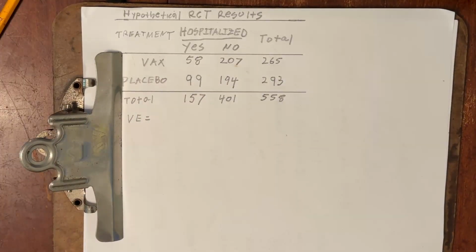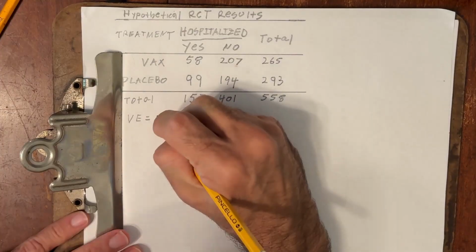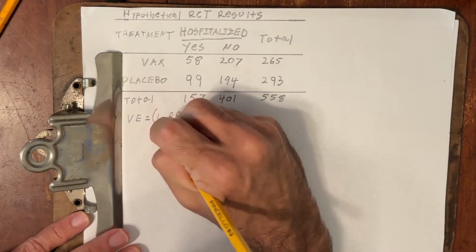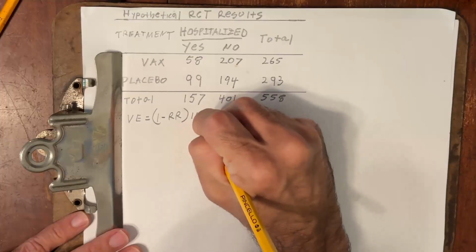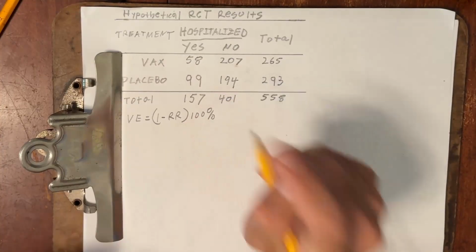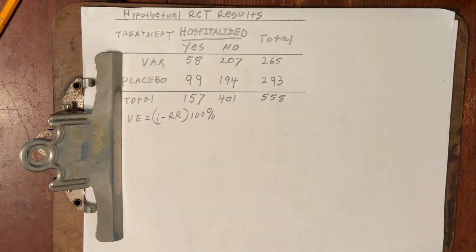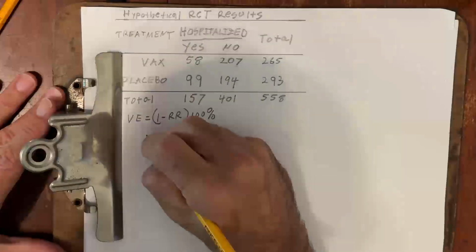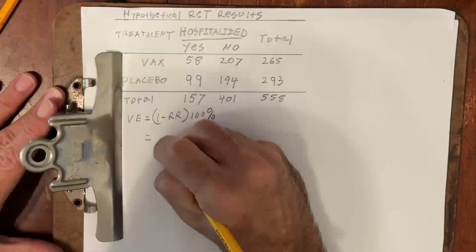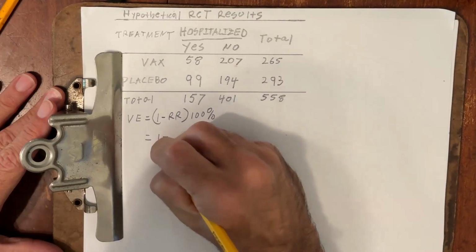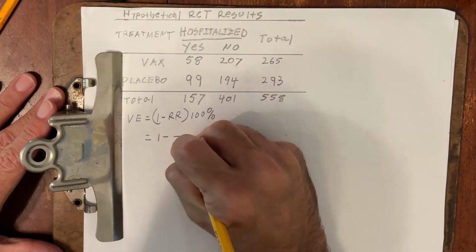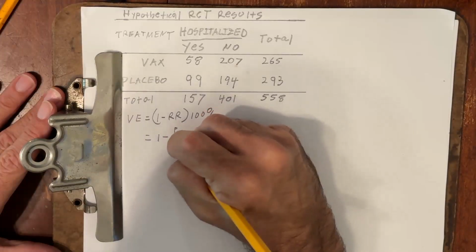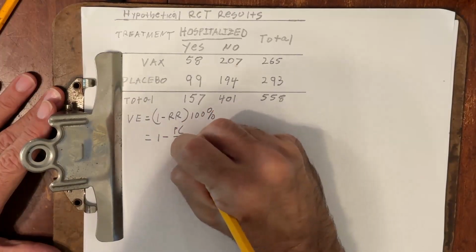Now, vaccine efficacy is 1 minus the relative risk quantity times 100%, when the relative risk is expressed as a decimal. So this is equal to 1 minus, now the relative risk is a fraction of conditional probabilities.